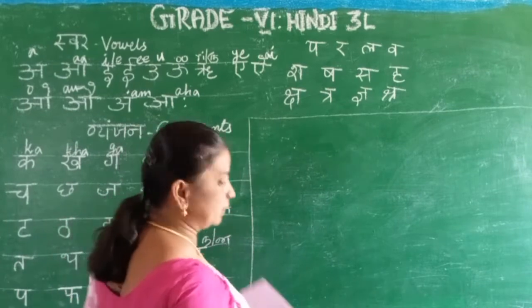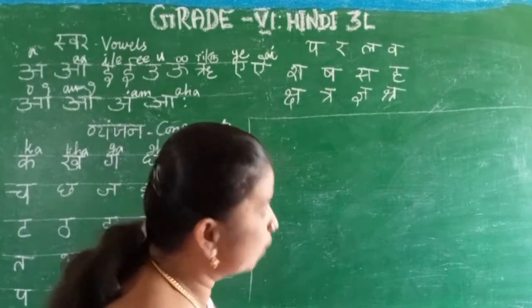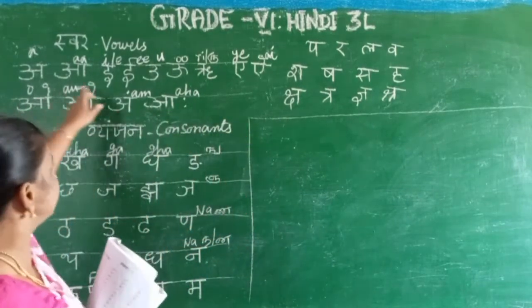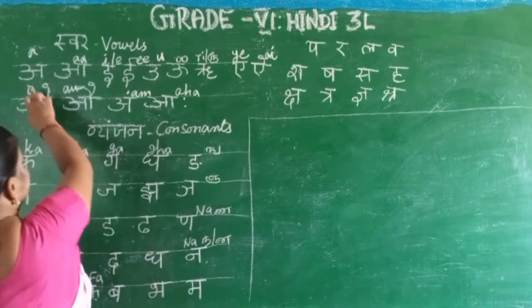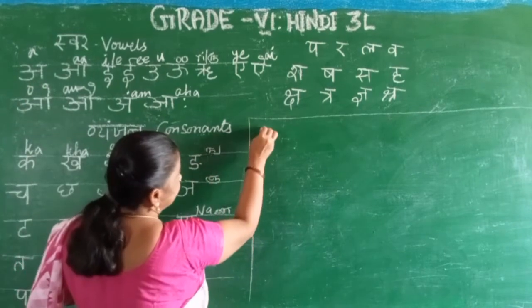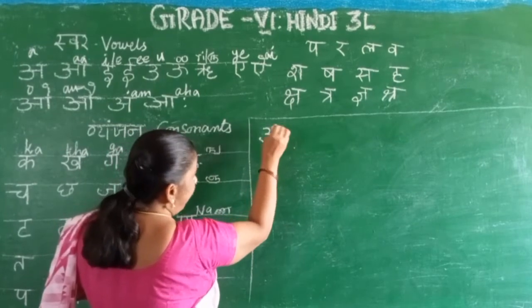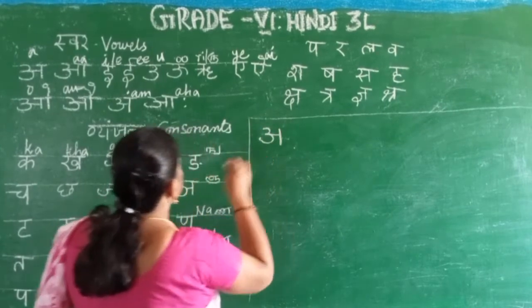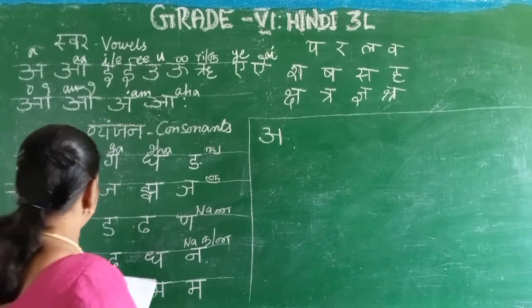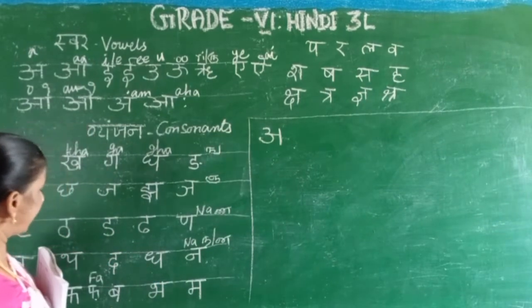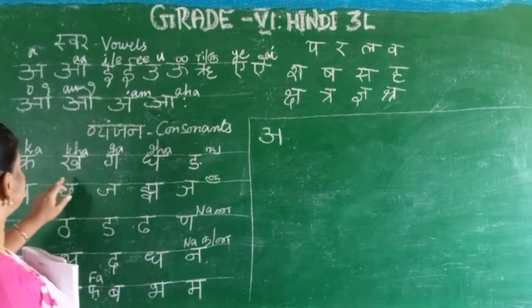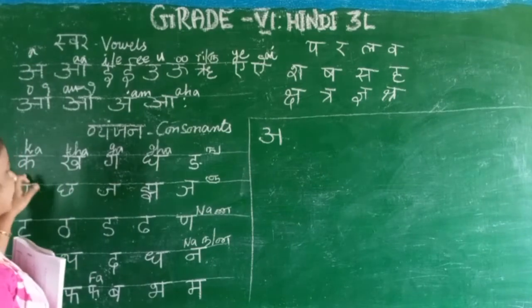See very carefully. You know very well this a, i, u, oo. First I take the first letter. What is that? Yes, a. And for example, you know the ka line. I take this ka letter.